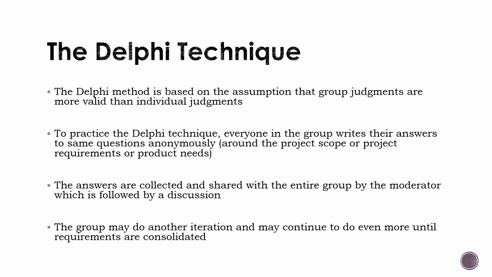They will be more consolidated, and then you can discuss those answers again, and there will be further consolidation. Based on that, you will come up with a set of requirements that are consolidated enough that they can be taken up as part of the project requirements, and a project can be designed around them.